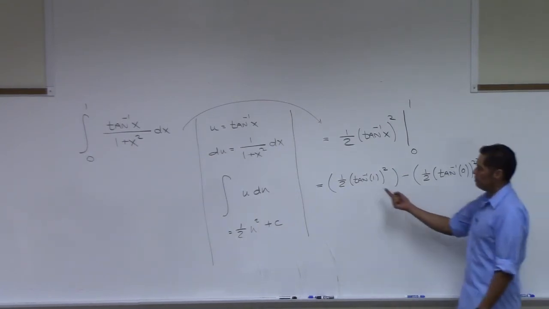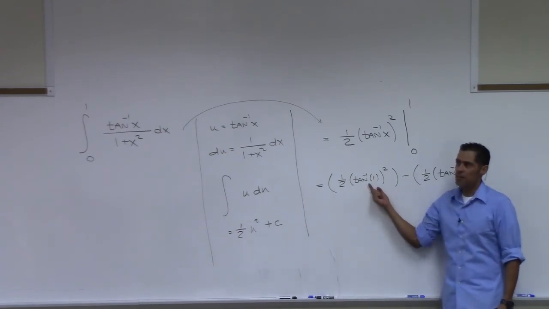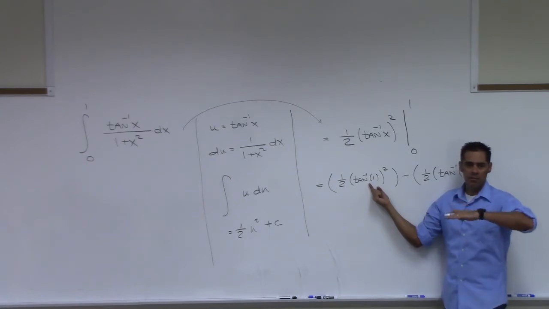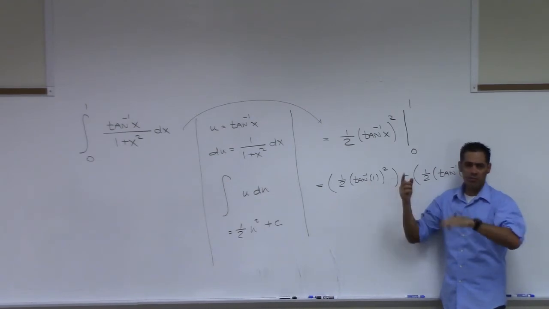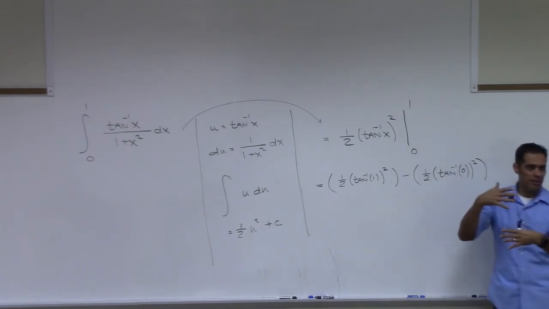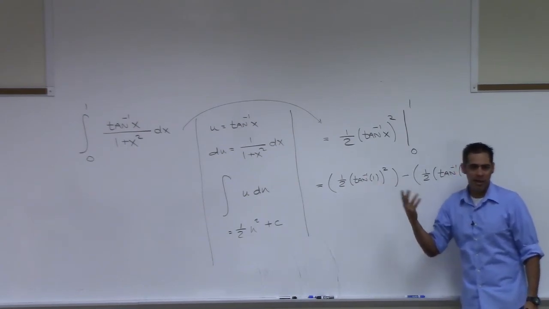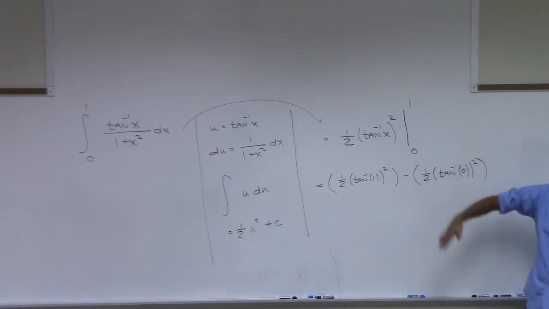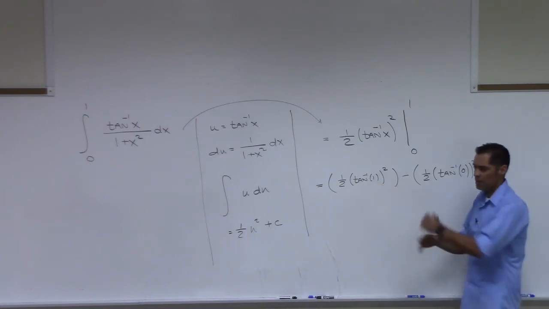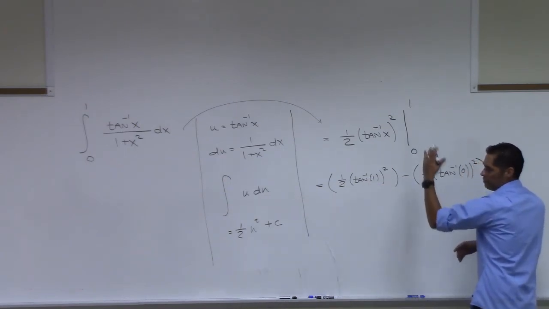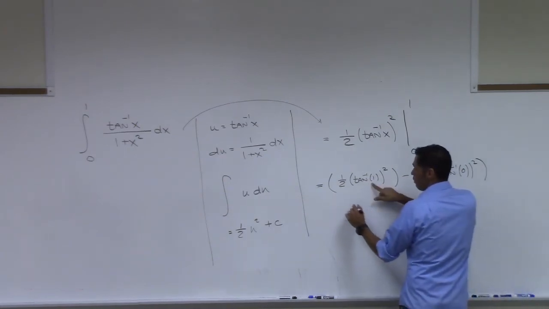So you should be asking yourself, at what angle is my ratio of the y-coordinate to the x-coordinate 1? Because tangent always spits out the ratio of y over x. So the only time you get a ratio of 1 is when the y and the x are the same. That only happens at pi over 4. And also in another quadrant, but arctan's only defined between negative pi over 2 and pi over 2. So this has to be pi over 4.